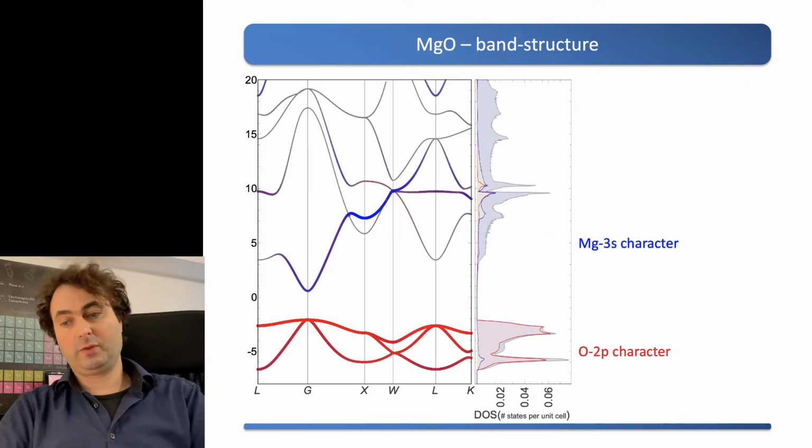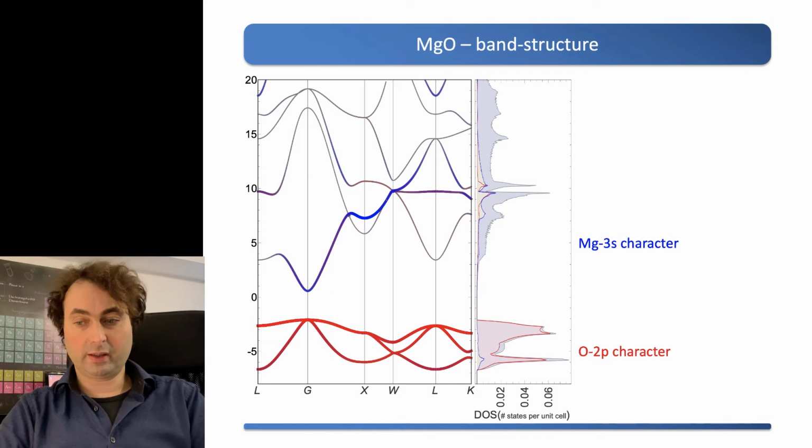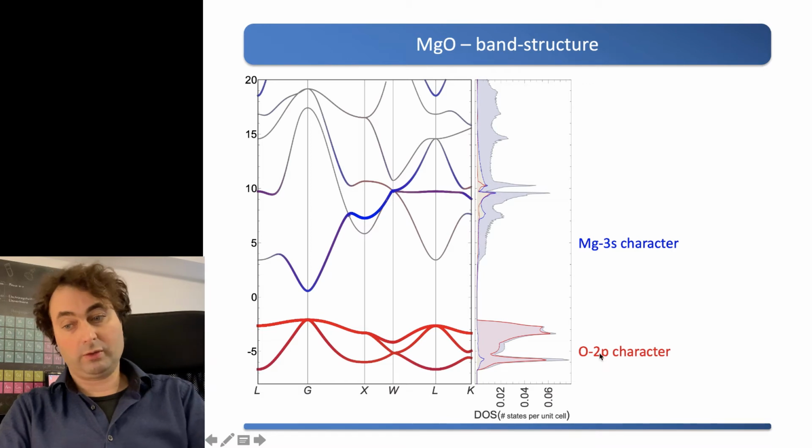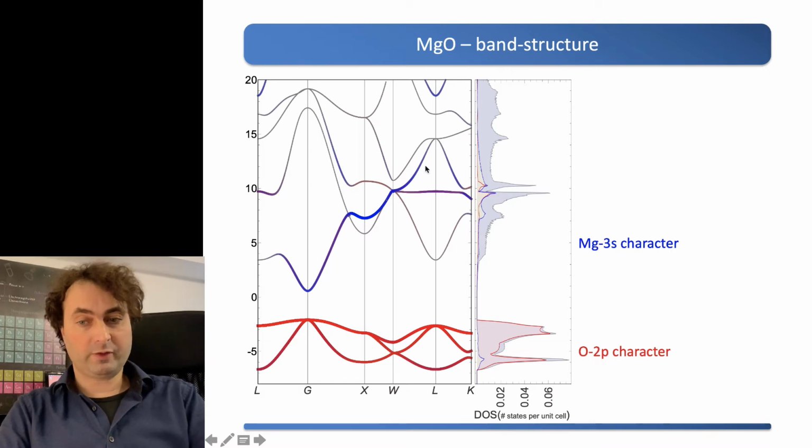And indeed, if we do a density functional theory calculation, we find here 3 bands in the range from -7 to -2 eV of oxygen 2p character that are completely filled. And then we find the manganese 3s character at higher energies to be empty.